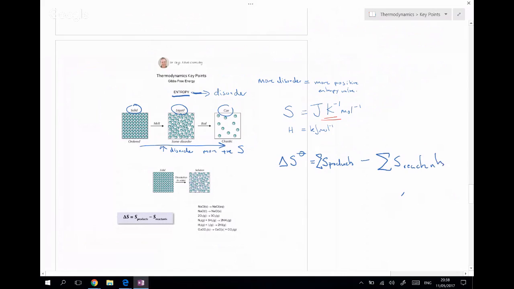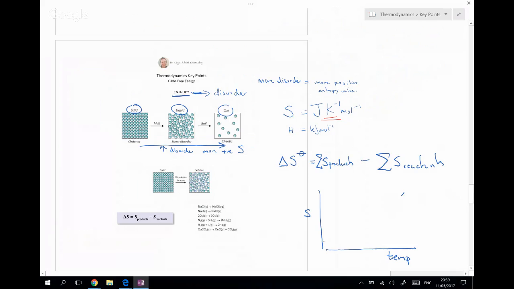What that means is, if I was to plot a graph of the entropy change as a function of temperature, I would see for my solid going to a liquid to a gas that it would gradually increase, with entropy on the side and temperature here.